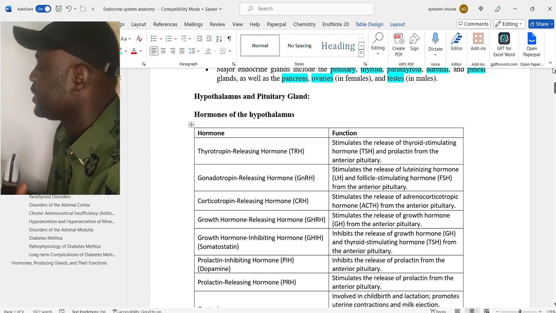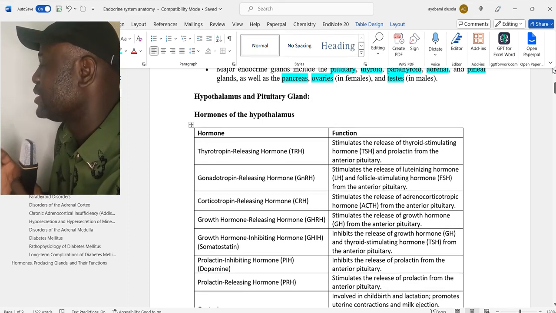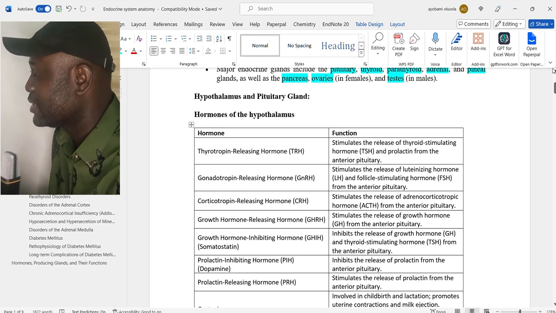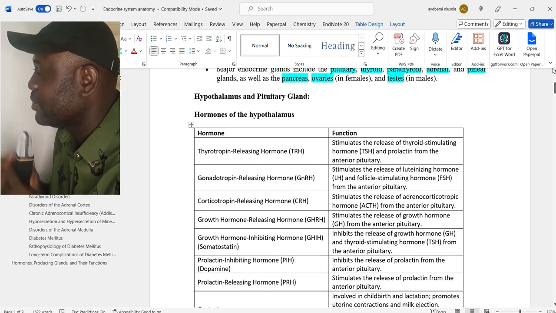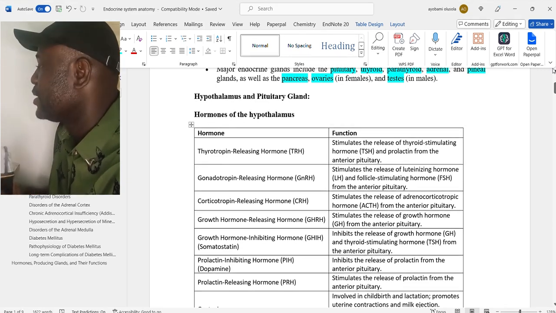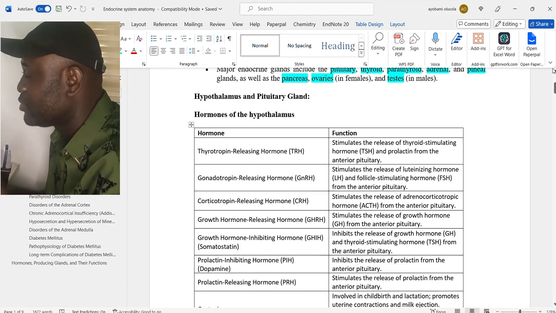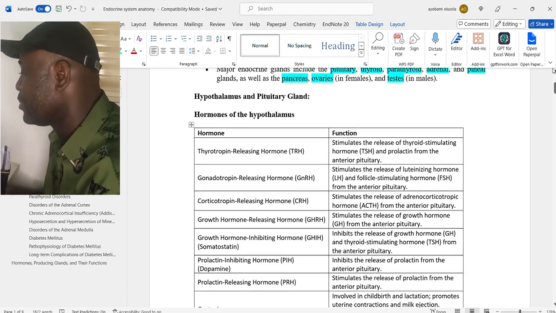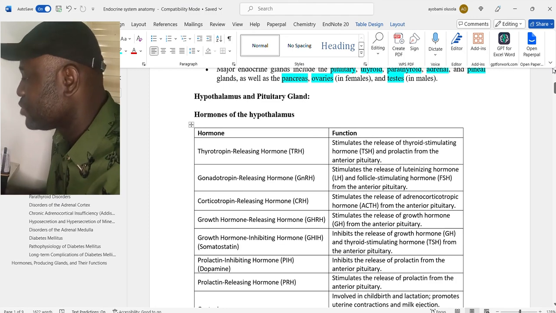Okay, then for the luteinizing hormone and FSH that the anterior pituitary produces, the hypothalamus releases gonadotropin releasing hormone before these hormones are produced.